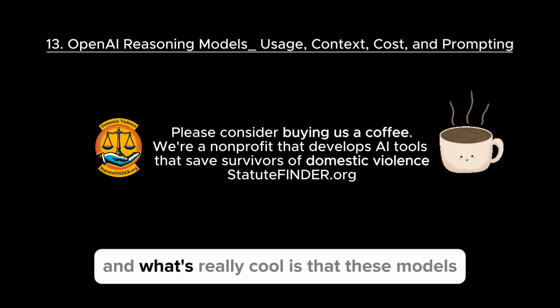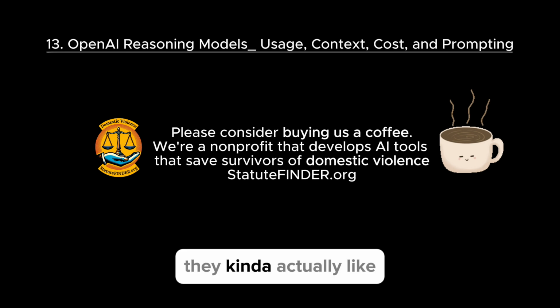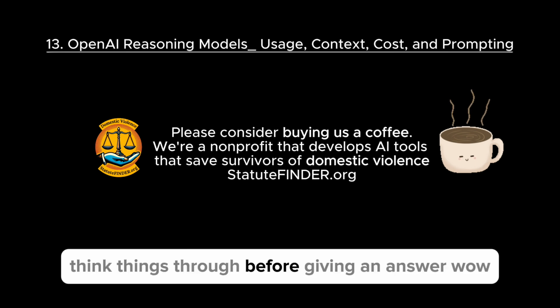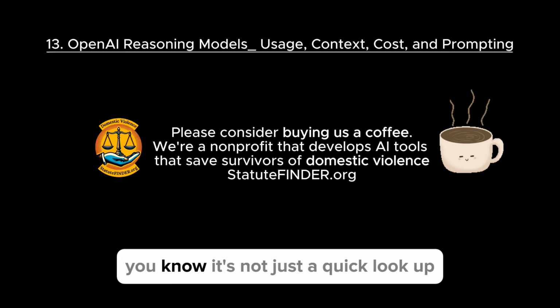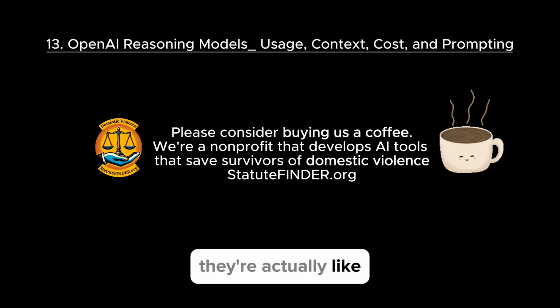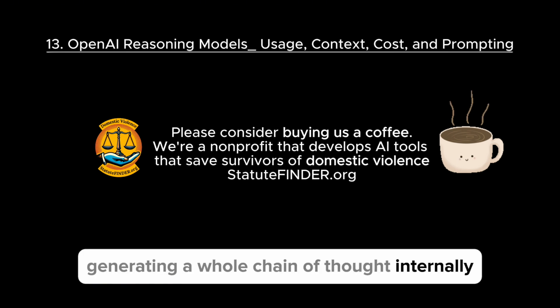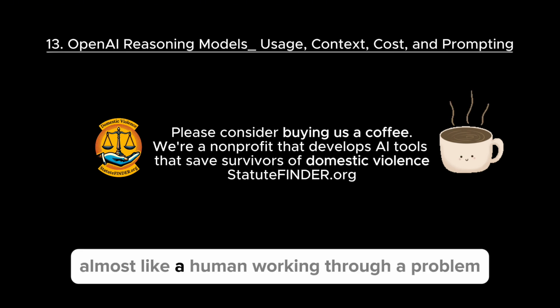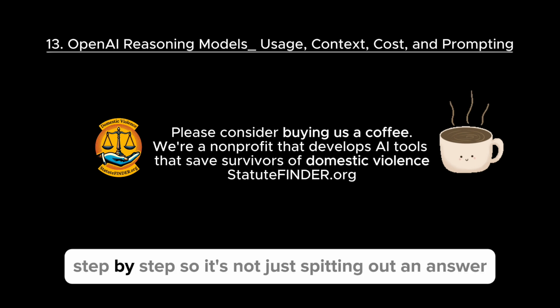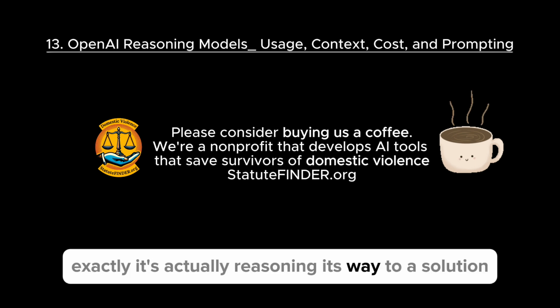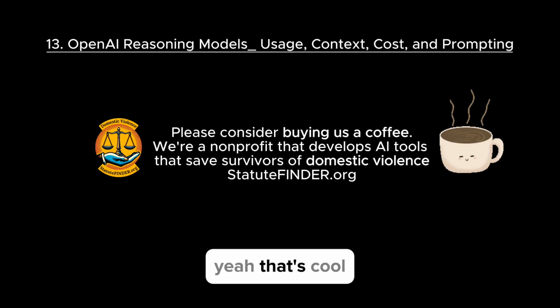What's really cool is that these models actually think things through before giving an answer. It's not just a quick lookup. They're actually generating a whole chain of thought internally. Almost like a human working through a problem step by step. So it's not just spitting out an answer. It's actually reasoning its way to a solution.